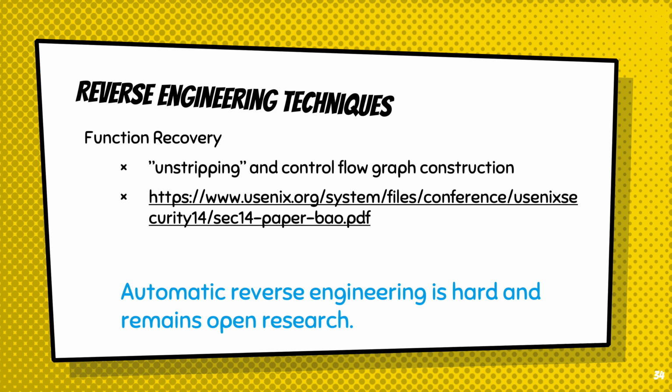Another technique that I would like to talk about is function recovery, or say unstripping. For many binaries, when they're shipped to the users, you will not be able to see the symbol table. This is because the binaries have been stripped using commands such as strip. The reason why people do that is because they want to save space so that the binary will be smaller.